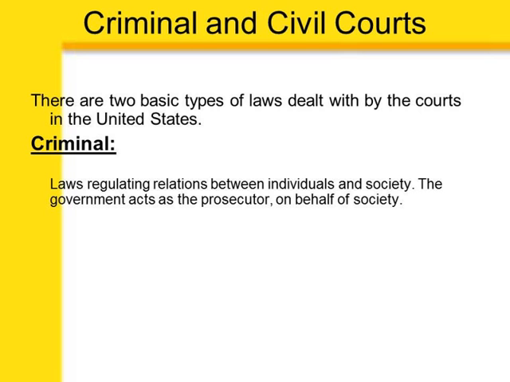Some examples of criminal laws would be murder, robbery, drunken disorderly conduct. Things of that nature are criminal law violations. And that's because when I murder somebody, I have violated the trust that the community has. When I have murdered somebody, I've taken somebody out of society.